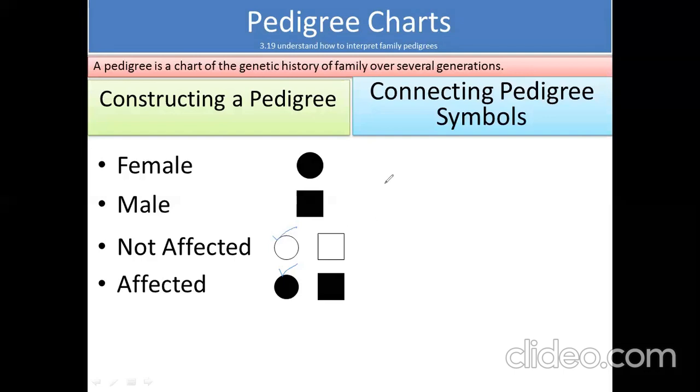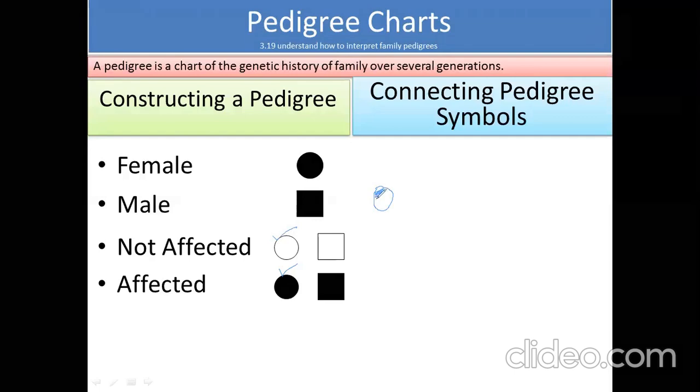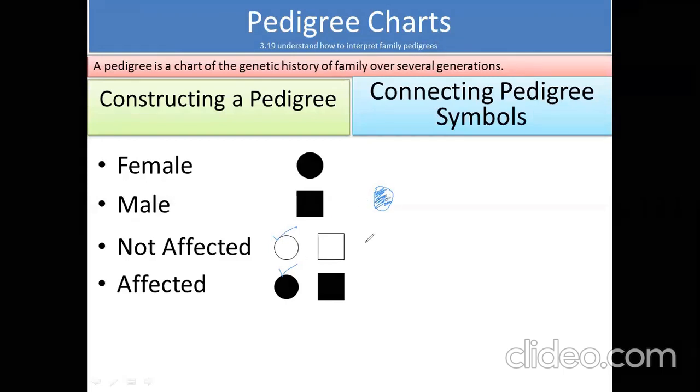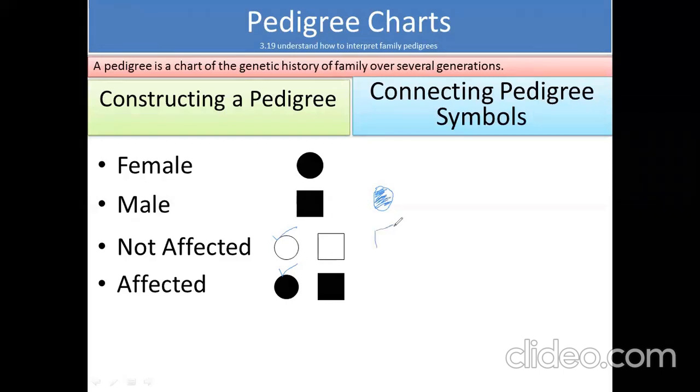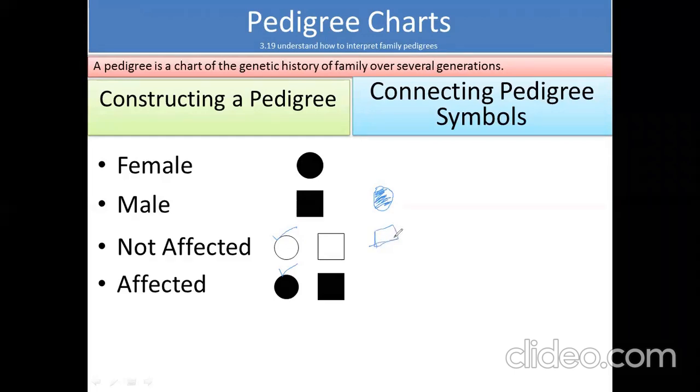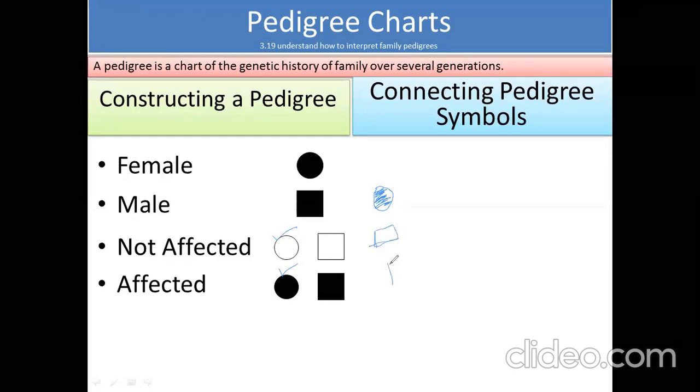If I draw that round and fill it inside, it means she's affected with that disease. For male we will mention with this square sign, so a blank square means male is not affected. But if male has that disease, we will cover it completely.